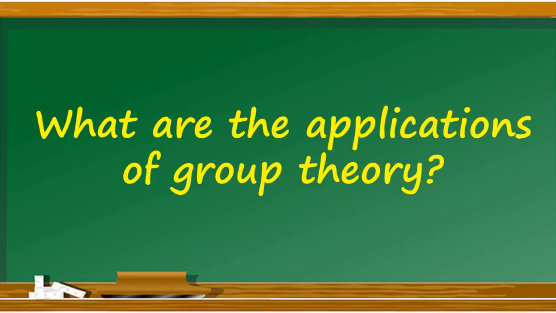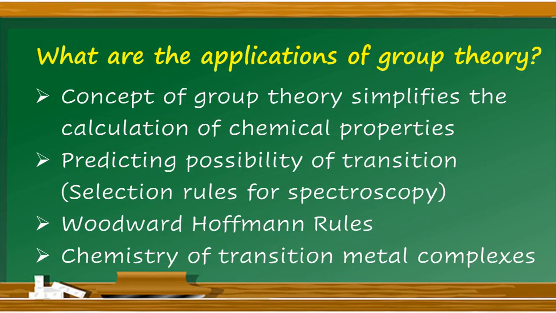So let me now point out some of the important applications of group theory. As I told you earlier, group theory when applied to chemical problems greatly simplifies the calculations. You might have seen in many chemistry textbooks the way atomic orbitals, molecular orbitals and their energy levels are labeled in a particular fashion.